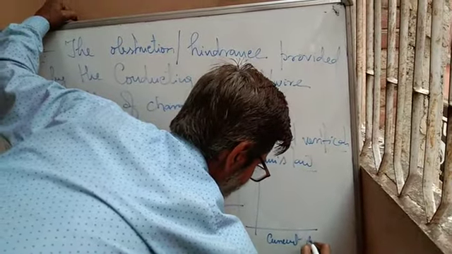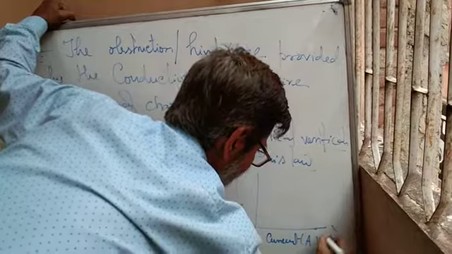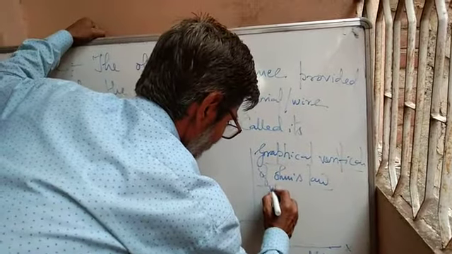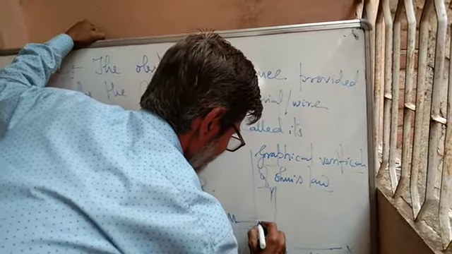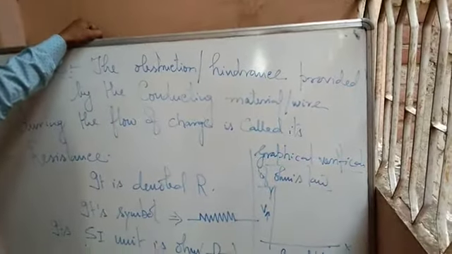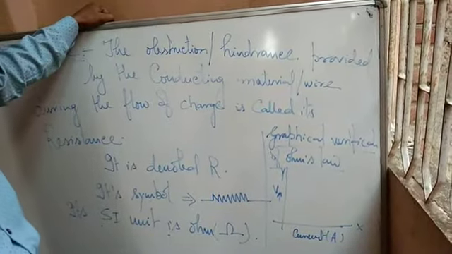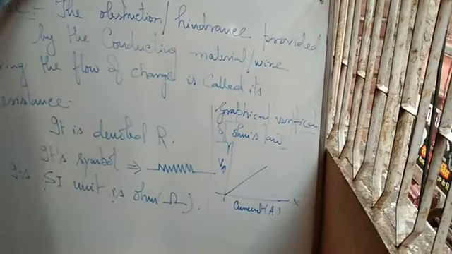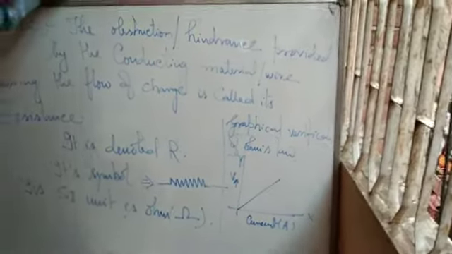Current in ampere along the x-axis, and you will plot potential difference along the y-axis. I have written its symbol V. And the graph will be linear, a straight line through the origin.